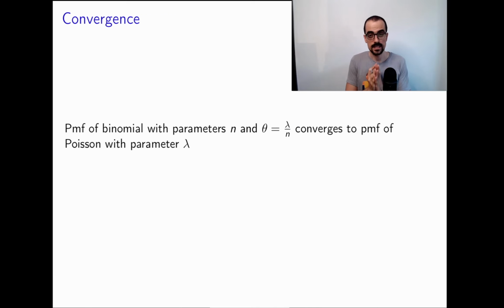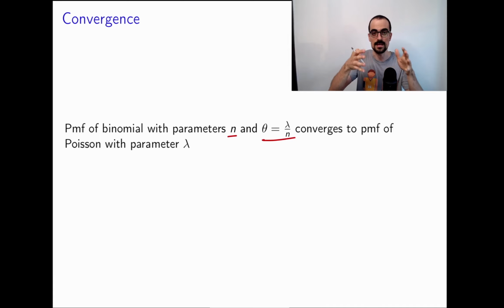As a side note, we have seen that the PMF of a binomial with parameters n and theta equal to lambda over n converges to a Poisson. We discretize, get a binomial with parameters n and theta equal to lambda over n, and then take the limit, and in the limit the probability we're interested in has a Poisson distribution.